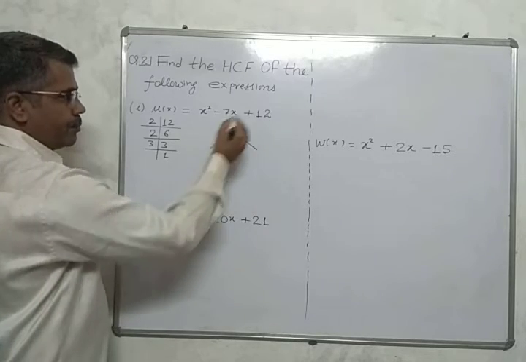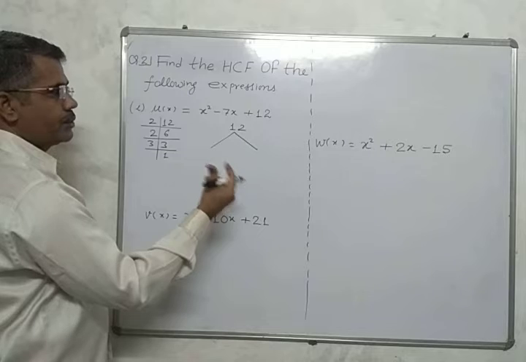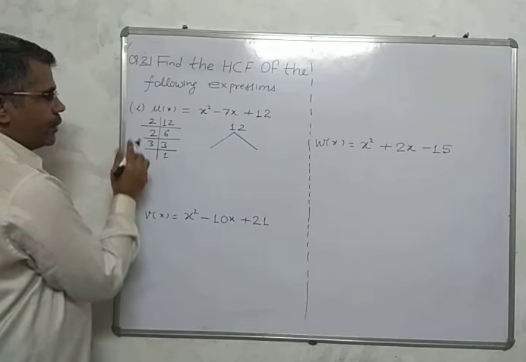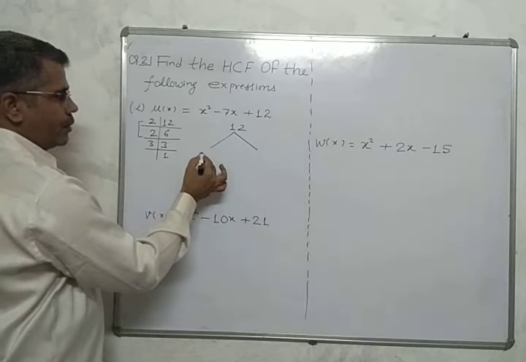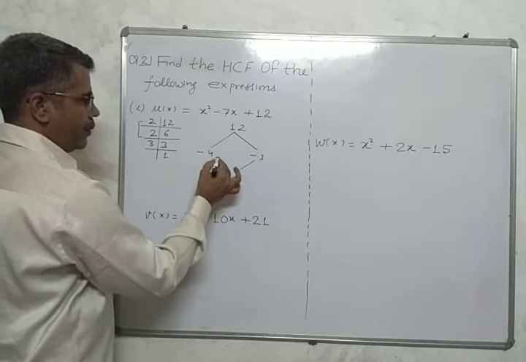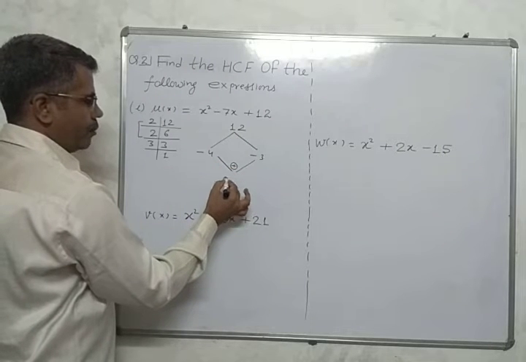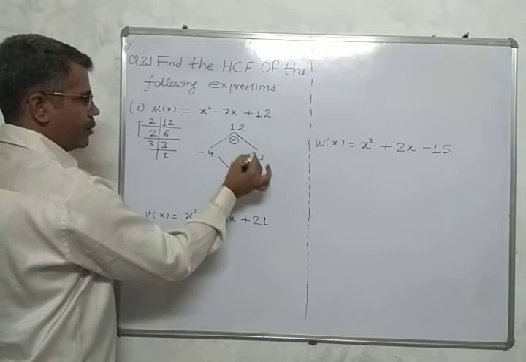Here the given sign is positive, plus, which means we choose two numbers whose sum is -7. So we take -4 and -3. If we add, we have -7, and if we multiply, we have 12.